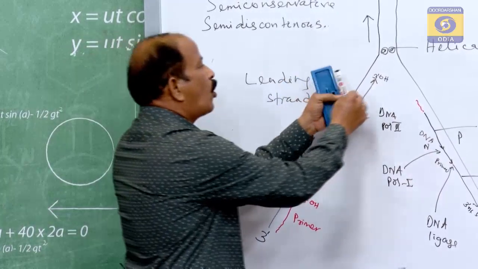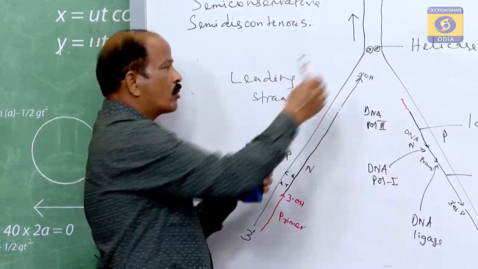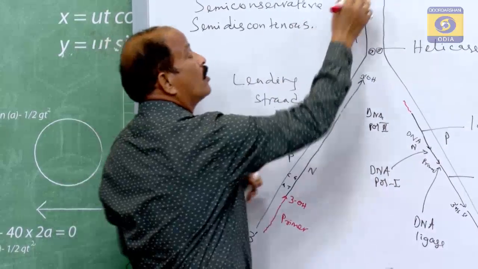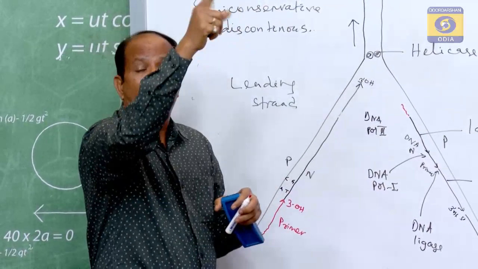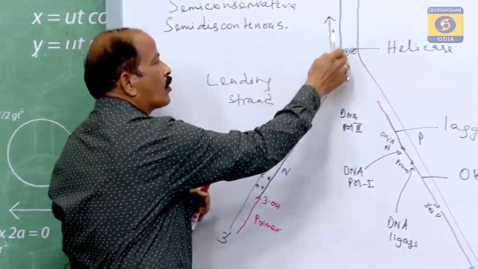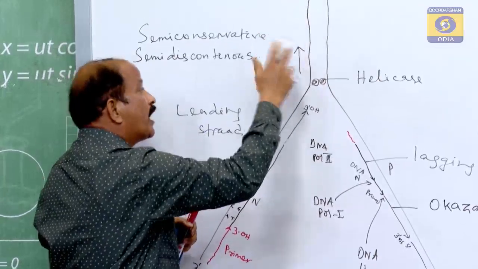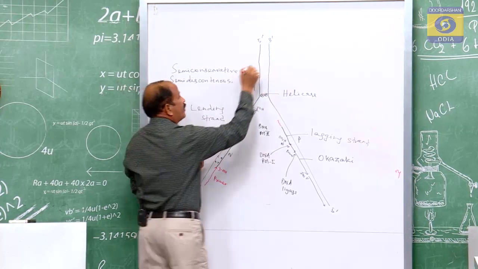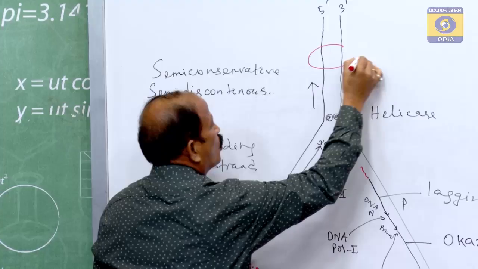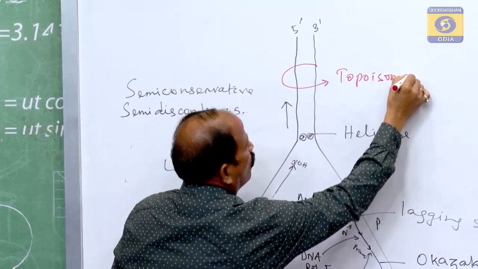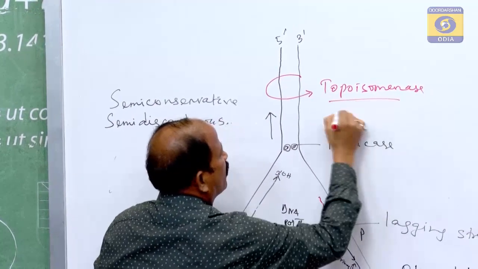When this fork opens or moves, it is seen that the helix is tangled ahead. It will be difficult for the enzyme to move. So, therefore, the tangling is removed by the action of the enzyme topoisomerase 2, or called gyrase.